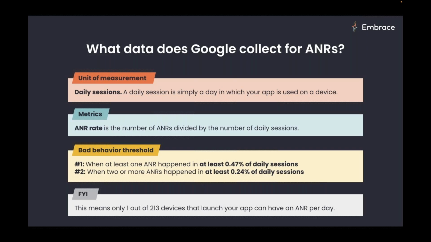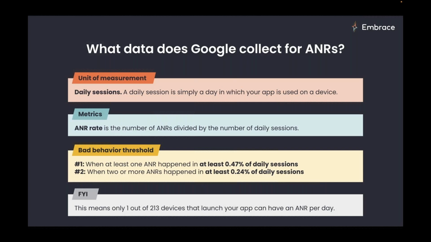So the data which Google collects for ANRs on Android Vitals is kind of similar to crashes. The unit of measurement is a daily session. So that's any day in which your app is used on the device. And the metric is the ANR rate. So that's the number of ANRs you get divided by the number of daily sessions.